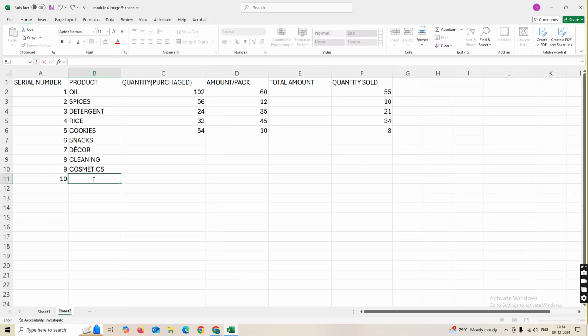Something is a need. There are two types of product in the shop. One is necessarily being sold because it is a need of the people, while spices are a need of the people. Decor is a want. I want to decorate. Cosmetics are also a want. Few people avoid cosmetics. Cleaning is a need. So we'll make a category for this as well, what category it comes in.